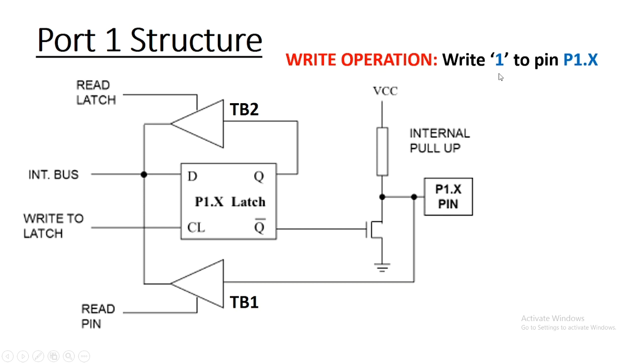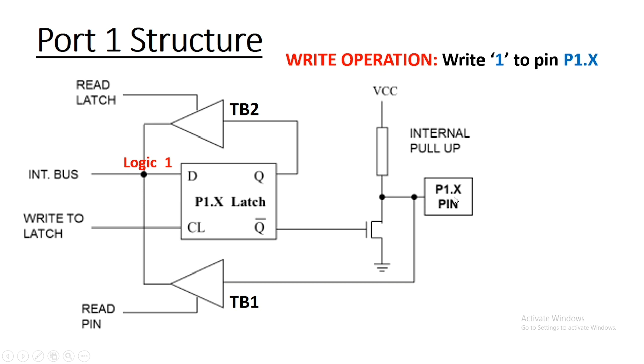To configure any port or pin as an output, we have to write logic 0 to it. What happens here is that when we configure that port, we write logic 1 to the input of the D latch. Always remember, the output of the latch and the input pin are two separate things and can be accessed separately.